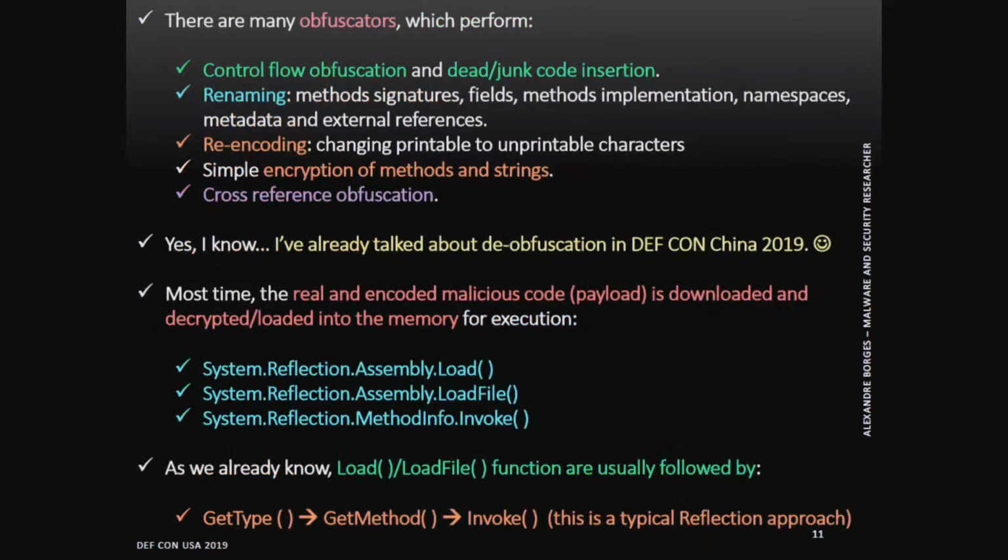When you are working with .NET malwares, you must remember that most of them are using obfuscators, and obfuscators can obfuscate the control flow. This obfuscator tries to rename methods, attributes, classes, and so on.